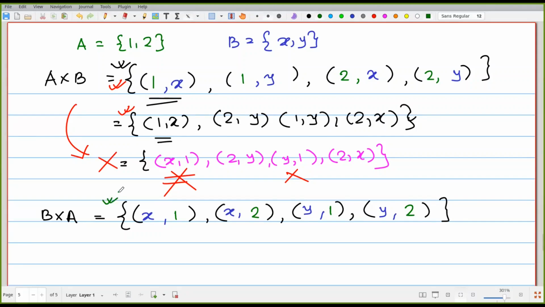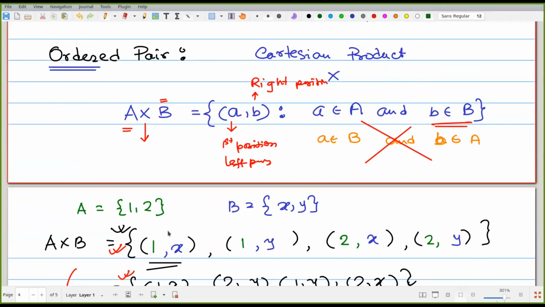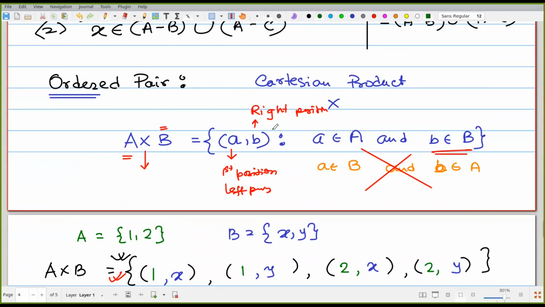Now that is B cross A. So always we have to remember that whatever is in the left operand of the Cartesian product operation must be in the first position of the ordered pair. That's why that type of pair (a, b) is called the ordered pair.